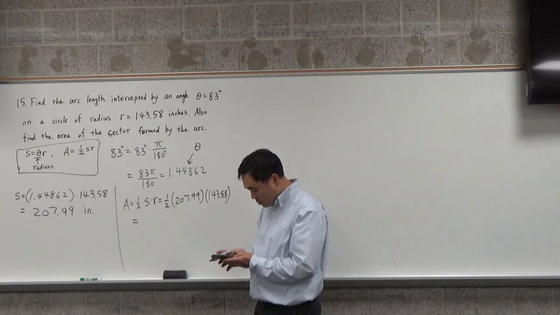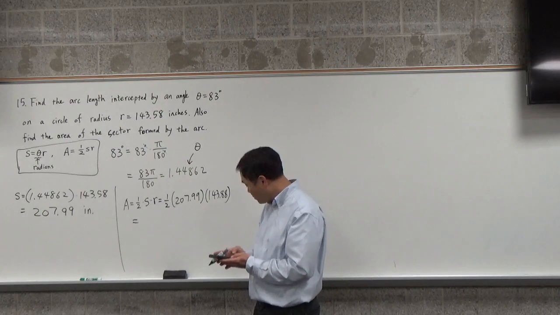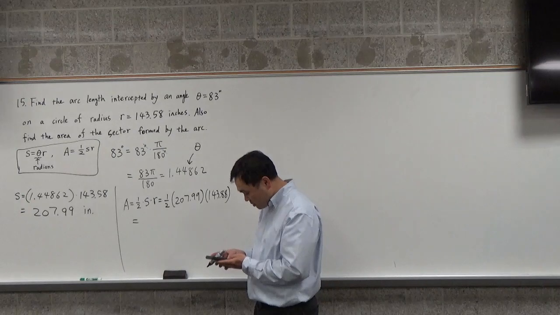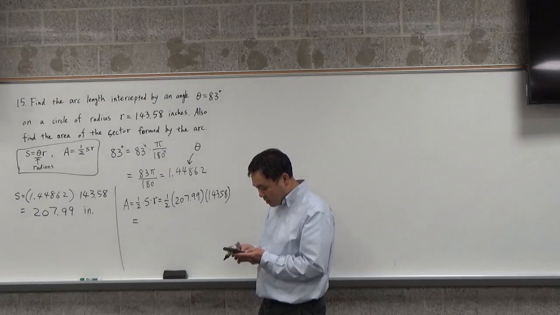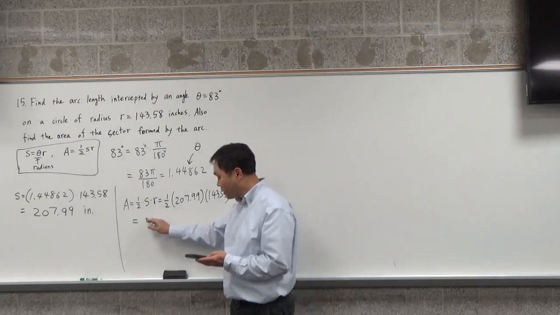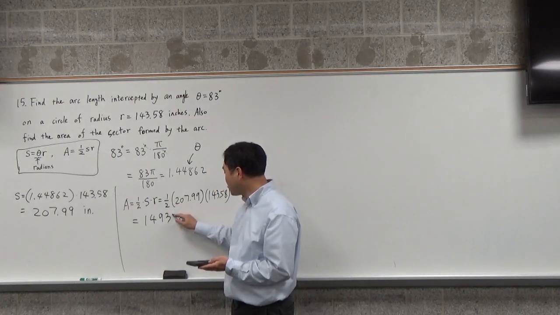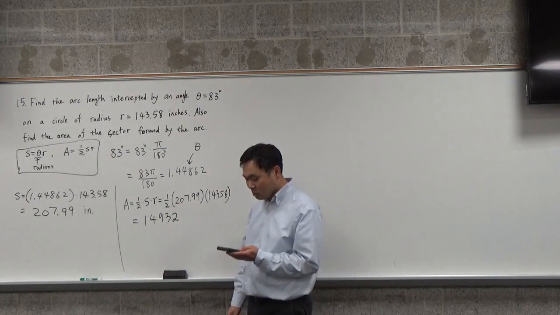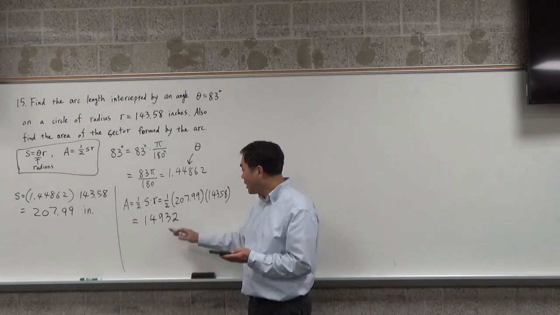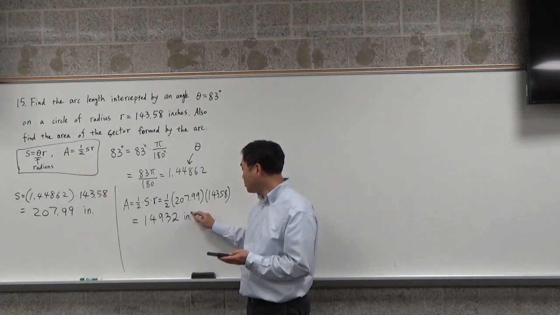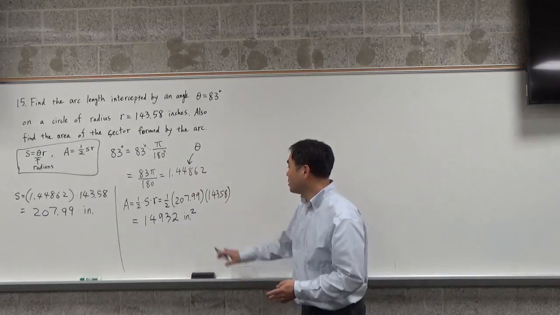Let's see, 207.99 times 143.58, and then times 0.5, I get 14931.6, and then rounding to 5 significant figures, I get this, and this should be inches squared, because area is measured in square inches, right? So that's the answer.